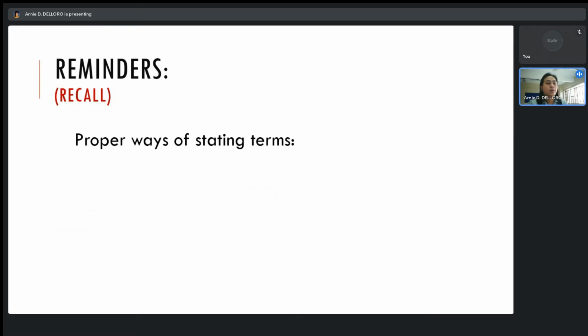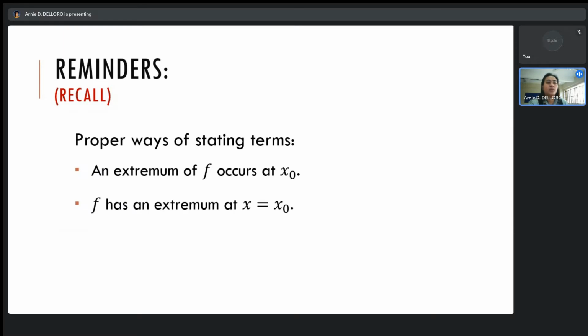Proper ways of stating terms. First, an extremum of f occurs at x sub 0. Or, f has an extremum at x equal to x sub 0. And x sub 0, f of x sub 0, or the ordered pair x sub 0, f of x sub 0, is an extreme point of f.